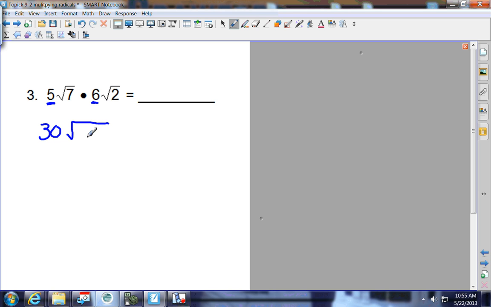Put the square root sign. I'm going to do 7 times 2, which is 14. Now, let's think about that. The only numbers that multiply together to give me 14 are 7 and 2. Are 7 and 2 both prime? Yeah. 14 can't go. There's no pairs in 14. So my answer stays 30 square root of 14.